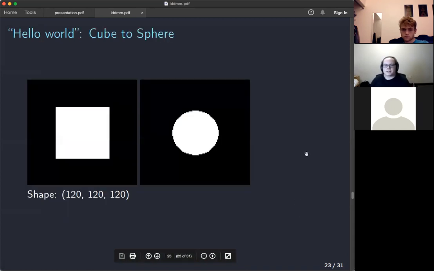So the sort of basic example here is we're going to take a cube and we're going to register it into a sphere. Now, you may be wondering how that's even possible because a cube has sharp edges and can't be diffeomorphically mapped to a sphere, although we're going to try our best. So yeah, this is a 120 by 120 by 120 shape, which is fairly standard for medical images we encounter.